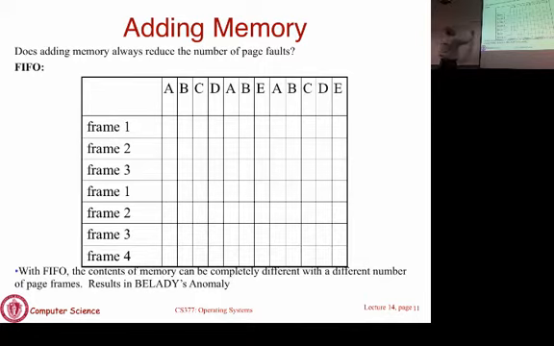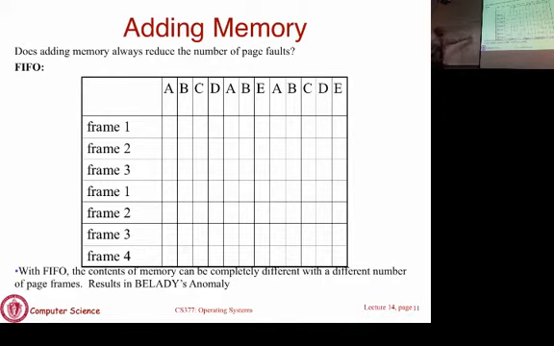So you have E, C, B. What's next? So you have D and E. D is a page fault, which is the oldest page here.